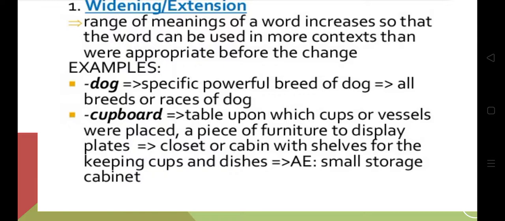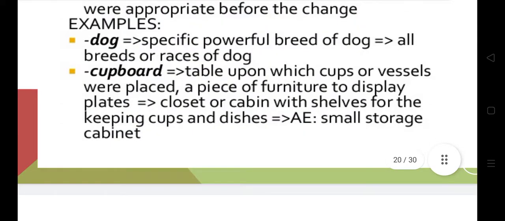Its meaning has been widened: in the past it was used for a specific breed, but now in modern English it refers to any breed of dog. And cupboard: it was a table upon which cups or vessels were placed, but its meaning has been widened. Today it's a piece of furniture to display anything.